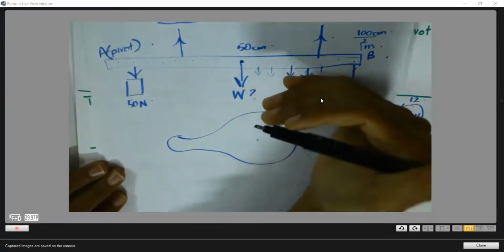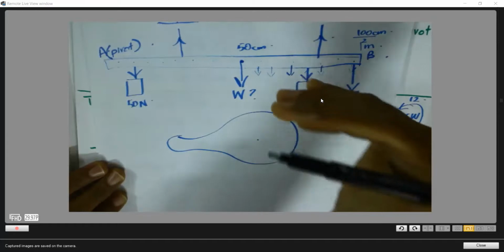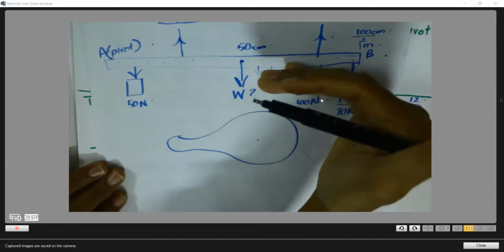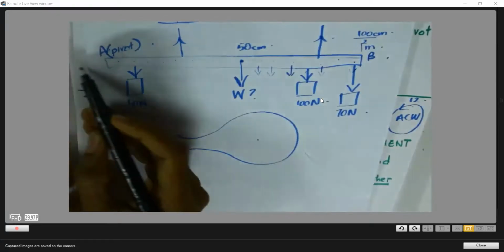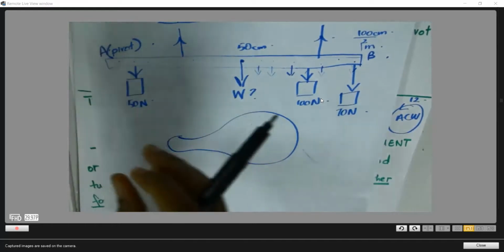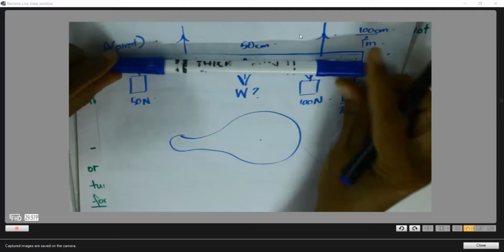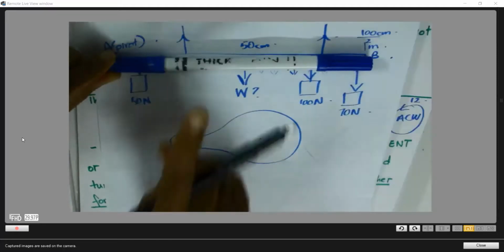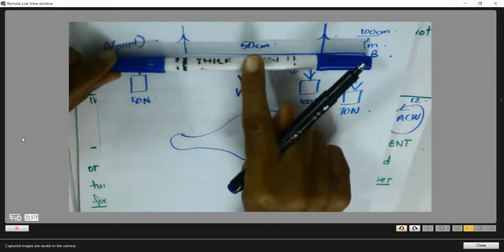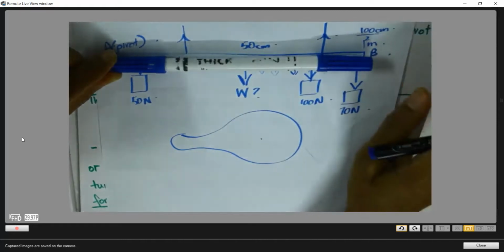If there was any net turning effect, it would tilt. Okay, so now if this A is my pivot, I will keep this fixed because it is my pivot. Now I will consider each and every force one by one without confusing myself.